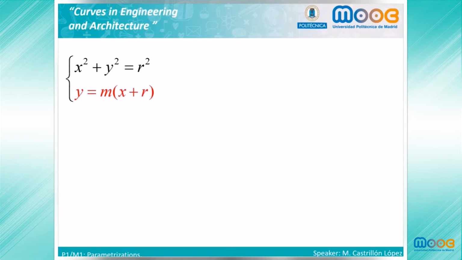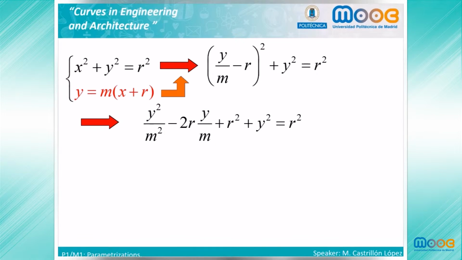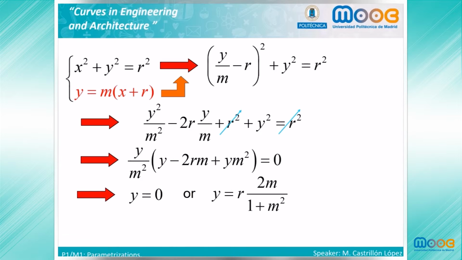We now work the equation of the circle together with the equation of the slope. The idea is to get the expression of both x and y in terms of m. Some algebraic manipulations, those you have on the screen, finally give two possible values for y. The value 0 and the expression at the end of the slide.